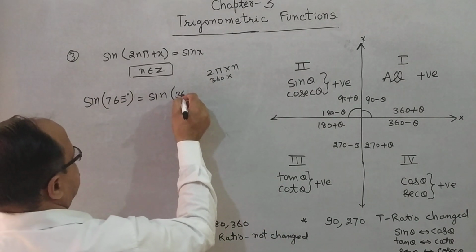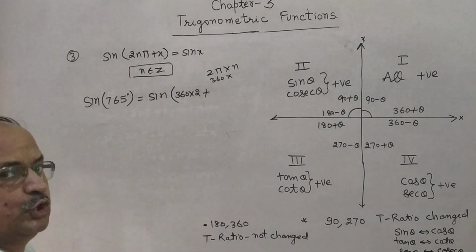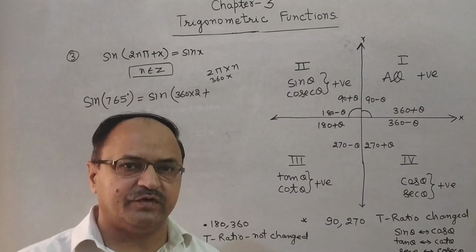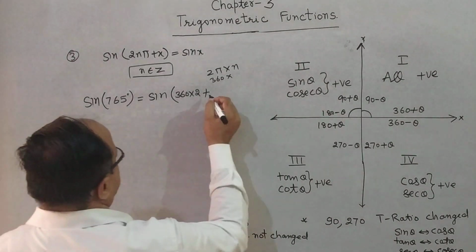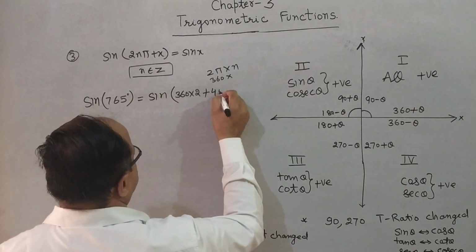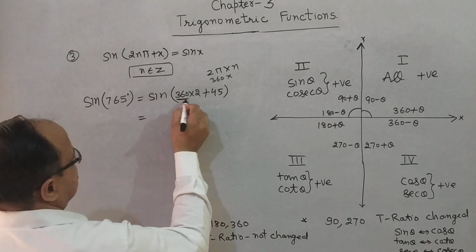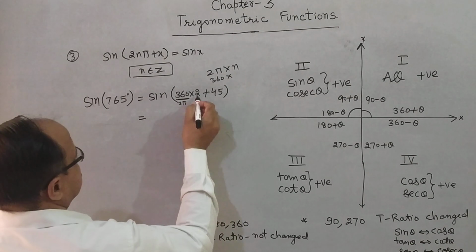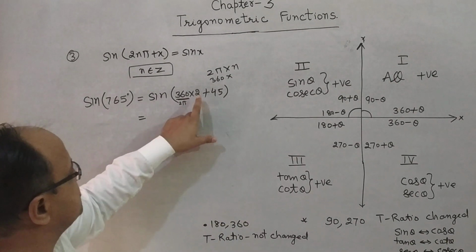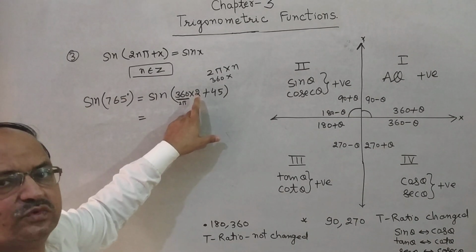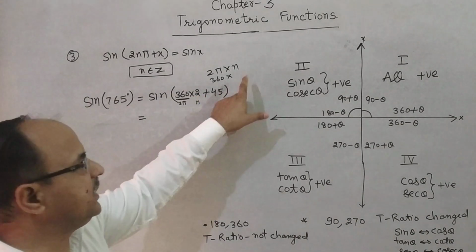So here you can write 360 into 2, that is 720. 720 plus what? 720 plus 45. So this is 2 pi and this is n. N belongs to integers. In this place you can write 1, 2, 3, 4, minus 1, minus 2, minus 3, minus 4, any integer.